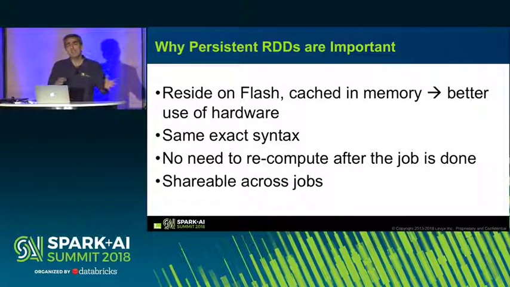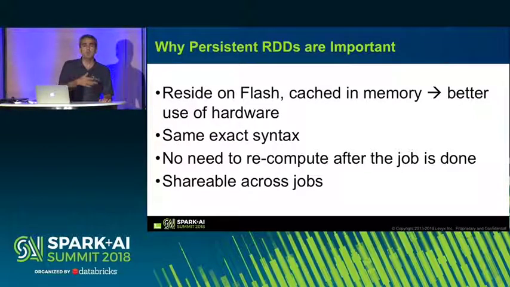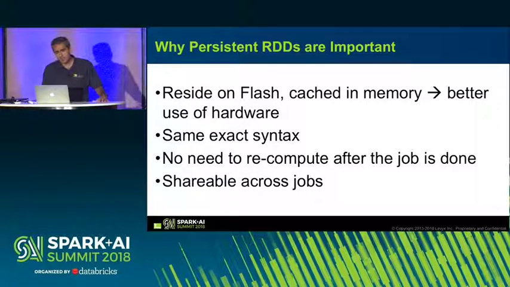Then the results are written in a format which is exactly like a regular data frame. So Apache Spark sees it as a data frame, but it's actually persisted on SSD or, in this case, Intel Optane products.